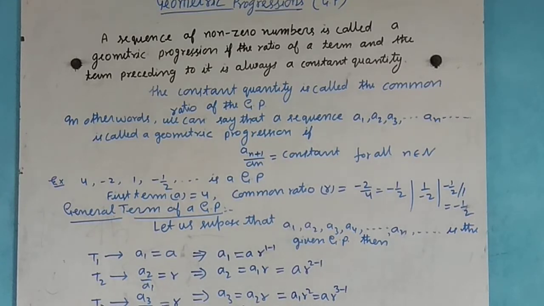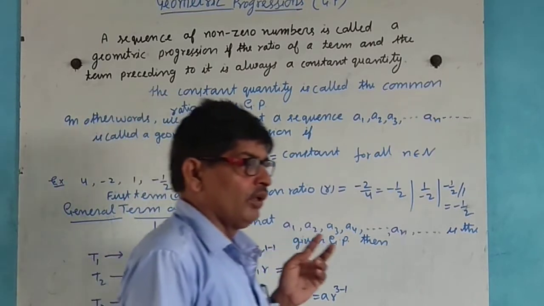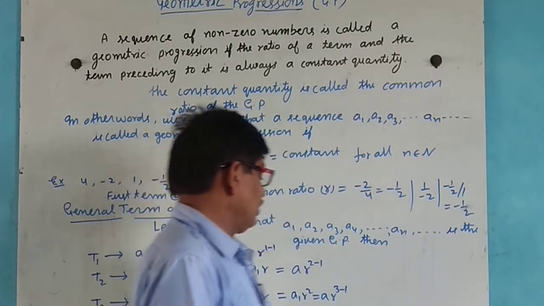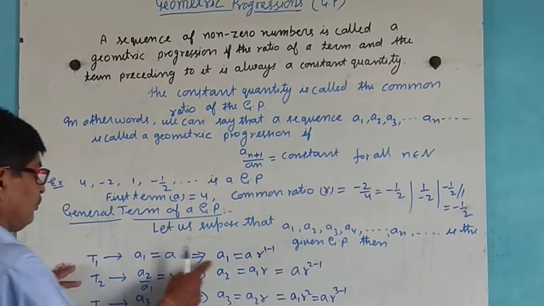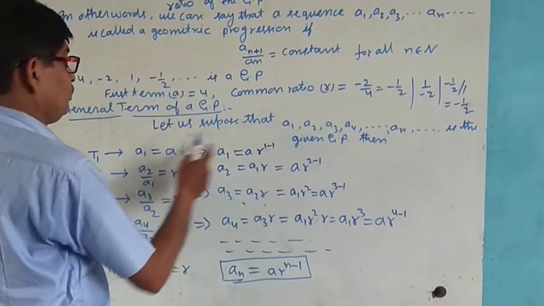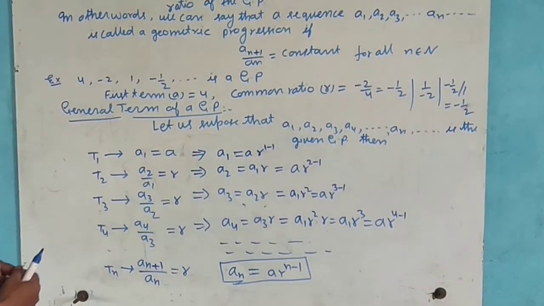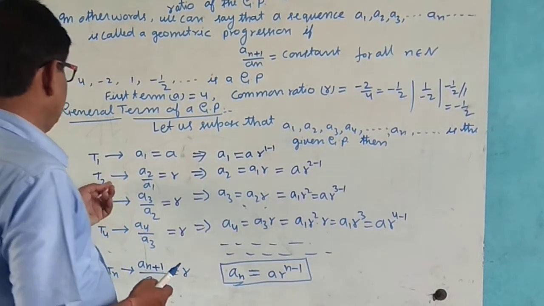Now the general term of a geometric progression. Let us suppose that A1, A2, A3, ... An, ... is the given geometric progression. Then we arrange T1, meaning the first term, A1, which we assume is A, and the second term is T2.